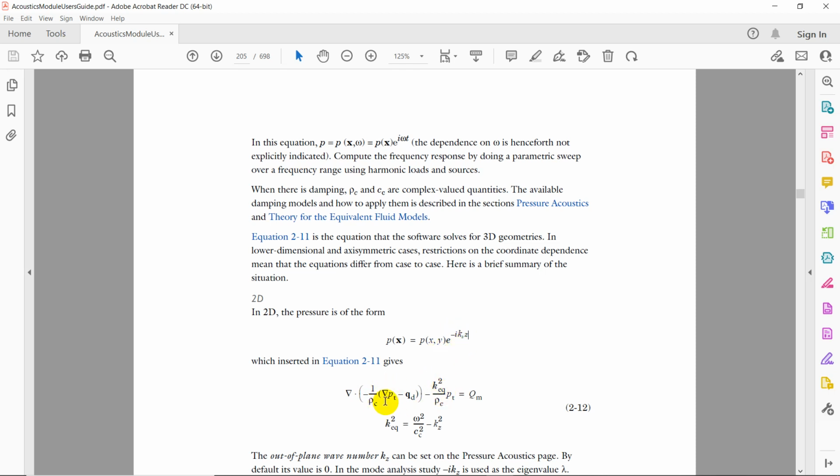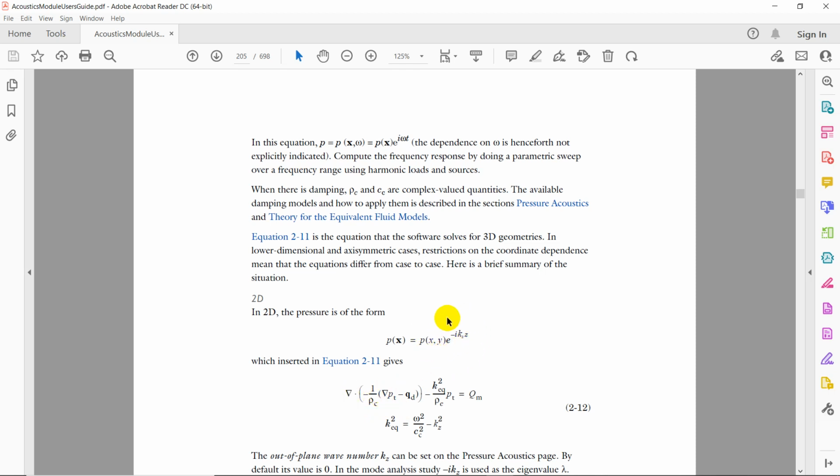So this will come here, and if you just replace this, then this Laplacian will not be there anymore, because we have replaced the pressure form with this particular function, and in that case you will have this equation. Basically, in layman's language, initially we converted the time derivative by the e to the power i omega t expression, and then we converted the space derivative by this particular expression.